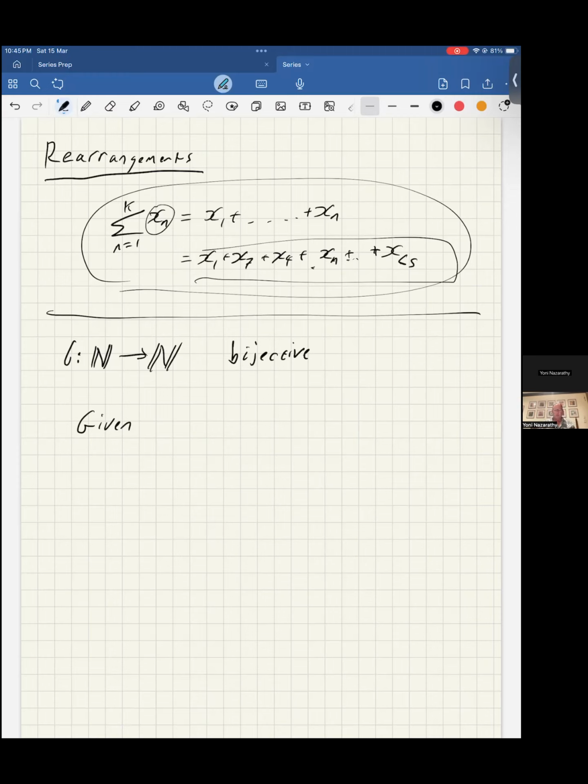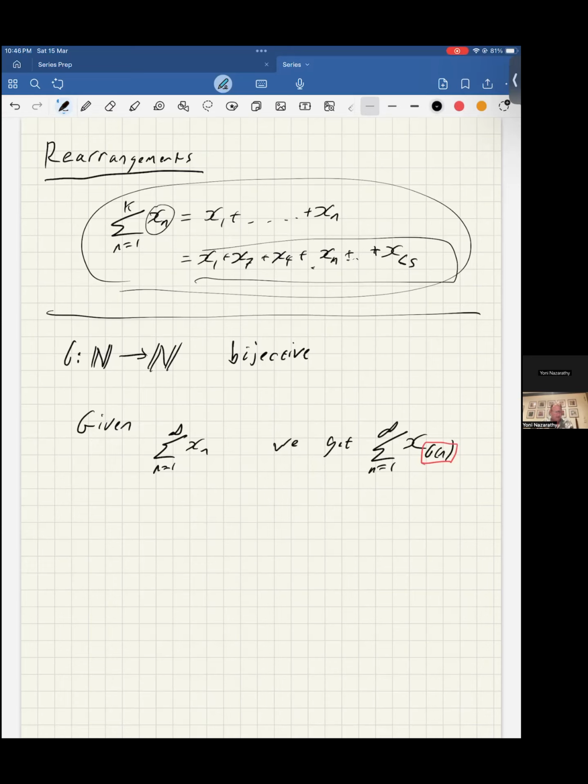So there's a one-to-one correspondence between the original series, which is the sum n 1 to infinity of xn, and, given this one, we get the series sum n 1 to infinity of x sigma n. So this sigma here was the switched order, if you'd like, the rearranged order.